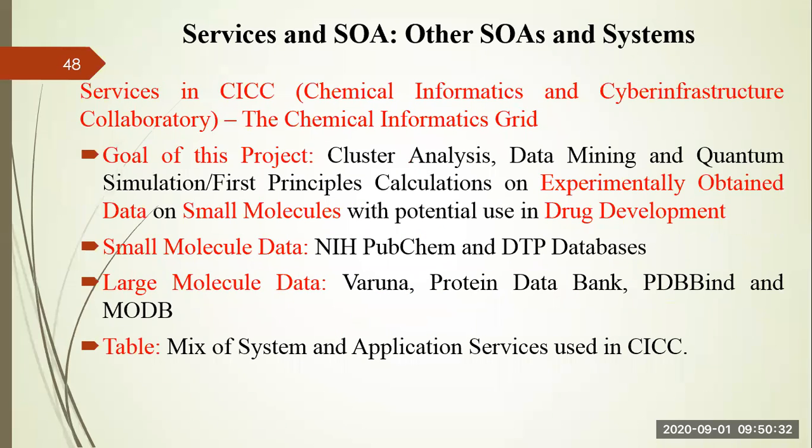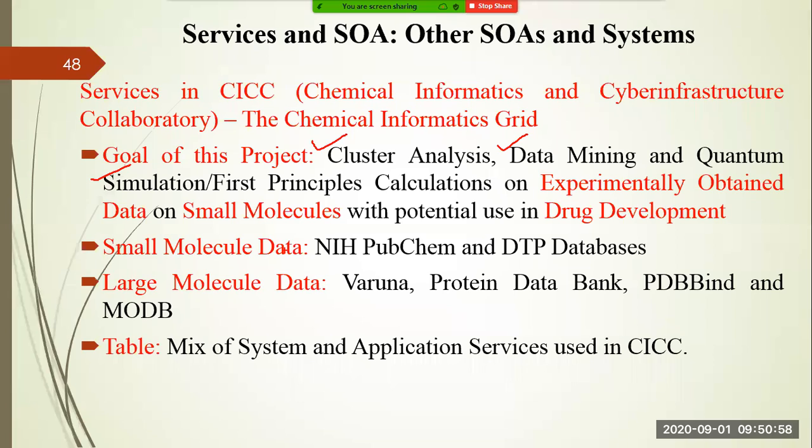The main goal of this CICC project is to take experimentally obtained data and, with the help of cluster analysis, apply data mining techniques, or do quantum simulations or first-principle calculations on that data.